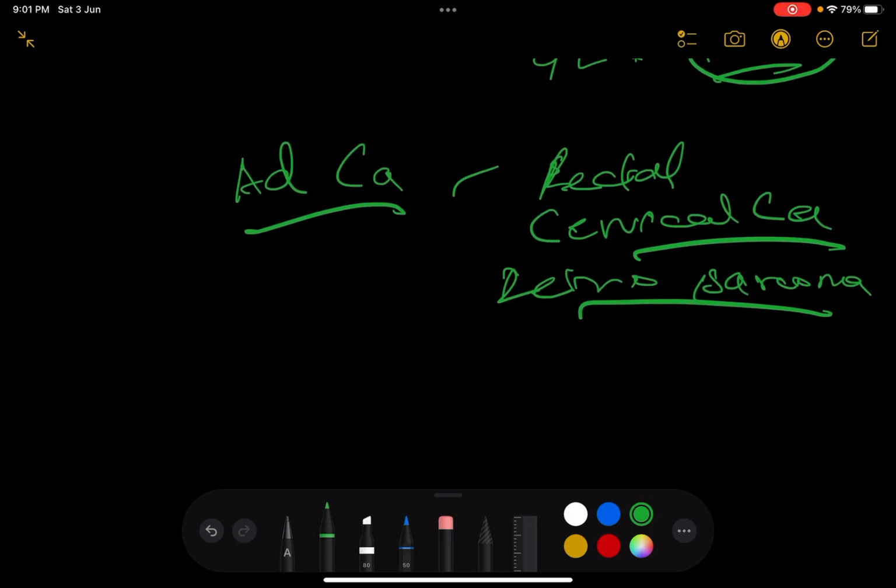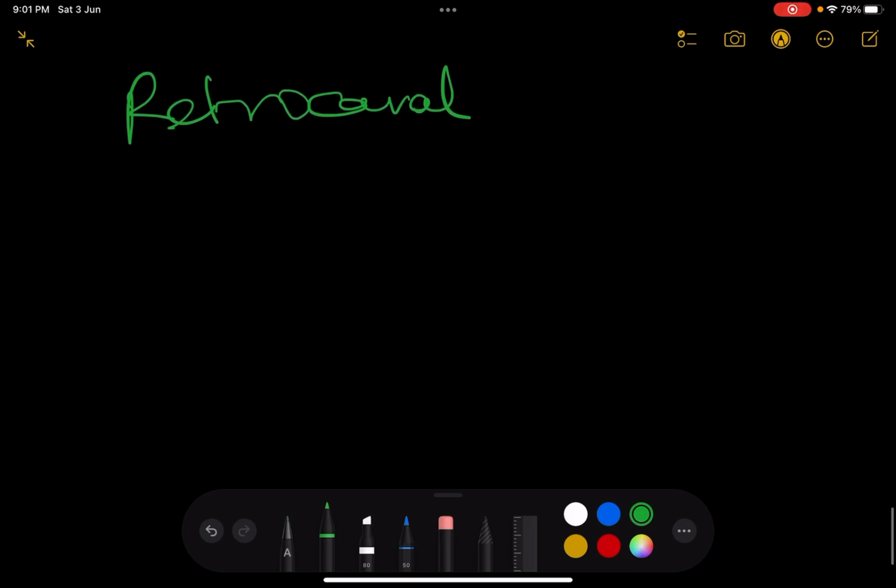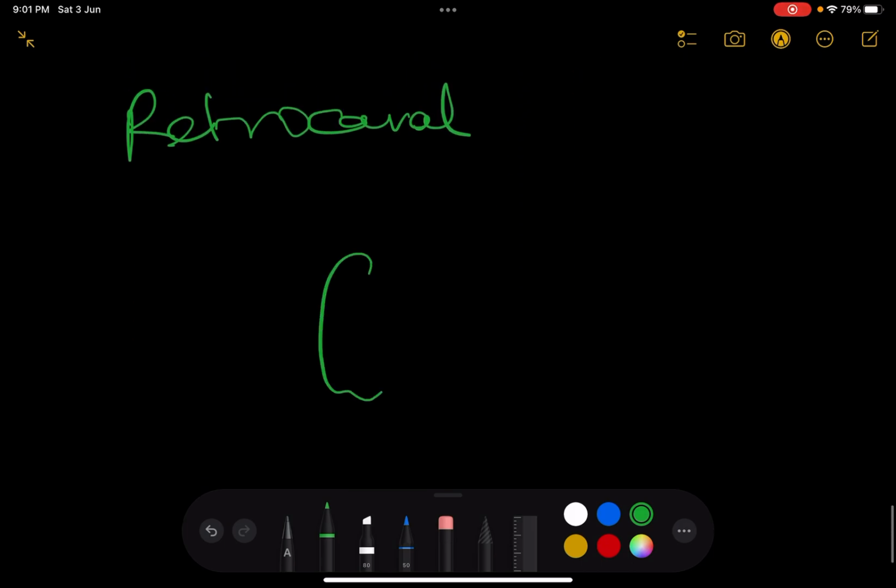Also, sometimes we've got something called a retrocaval ureter, and a retrocaval ureter is a ureter that goes behind the inferior vena cava, and because it goes behind the inferior vena cava, it usually disappears. It comes as a reverse J. So, for instance, let's say if this is the kidney, and the ureter would usually go in front of the IVC, right?